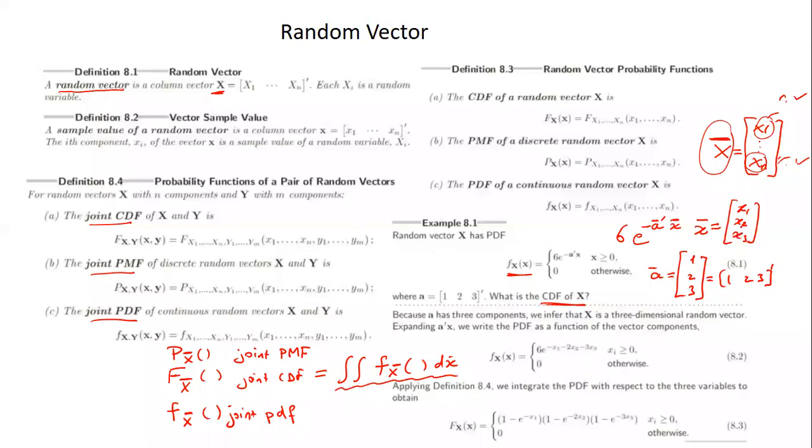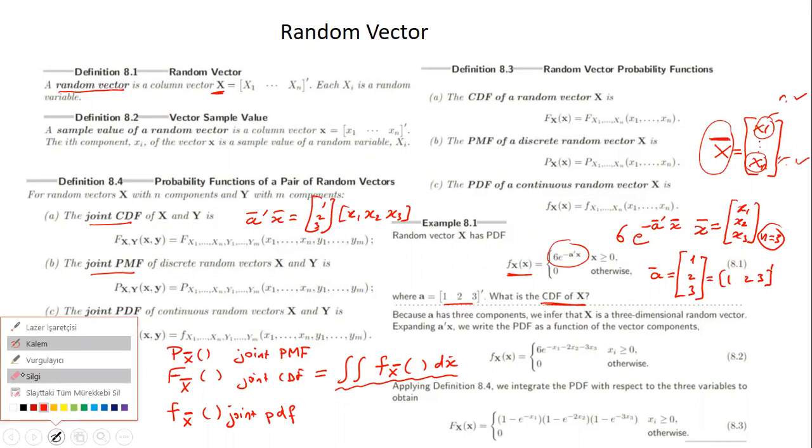Here we have 3 elements, so n is simply 3, so we have a triple integration. We integrate this simply 3 times with respect to x1, x2, and x3. And we can write the multiplication of a transpose x as simply the a, 1, 2, 3, times x1, x2, x3. I'm sorry, this is inverse.